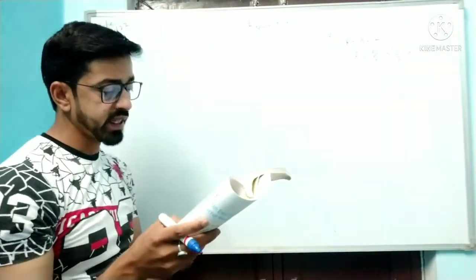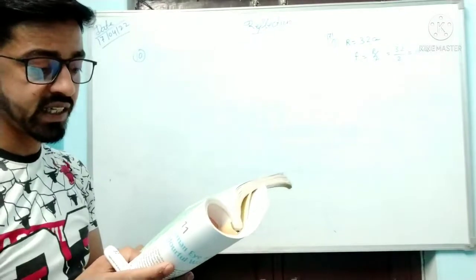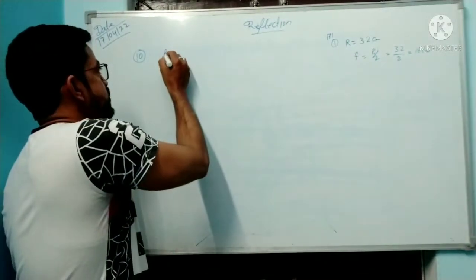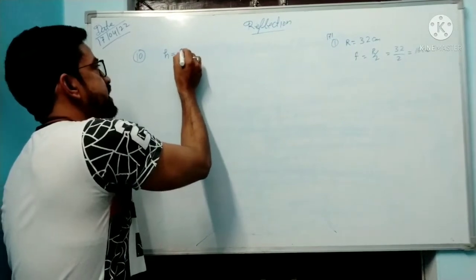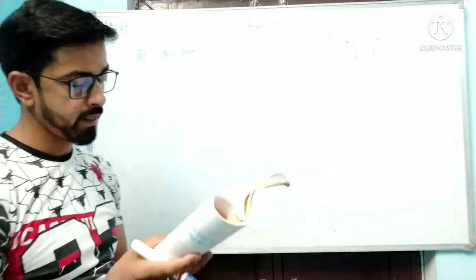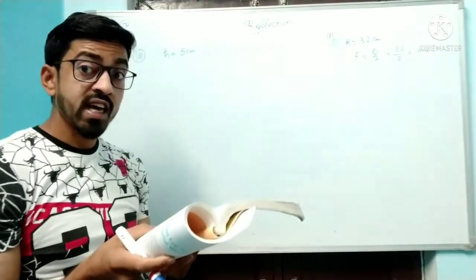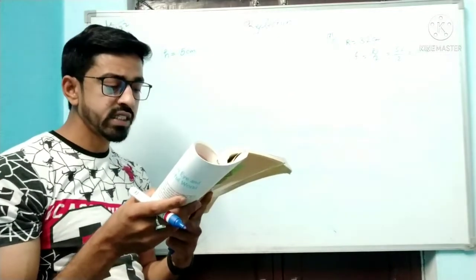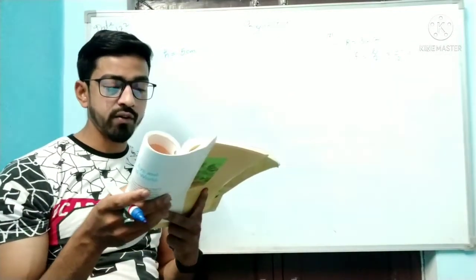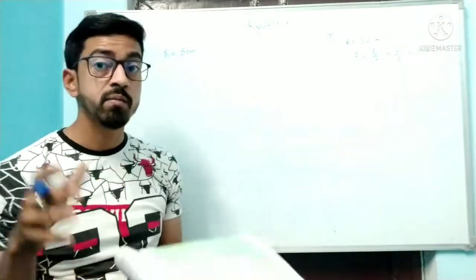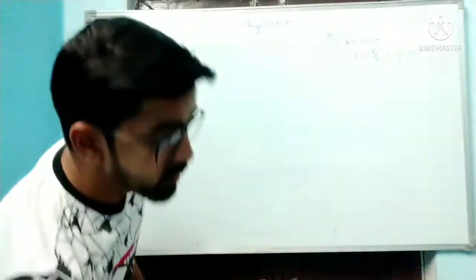Question number 10. An object 5 centimeter in length. So you know that in general we can also say that height h is equal to 5 centimeter, because we represent h dash as the height of image, is held 25 centimeter away from converging lens, which is part of refraction.